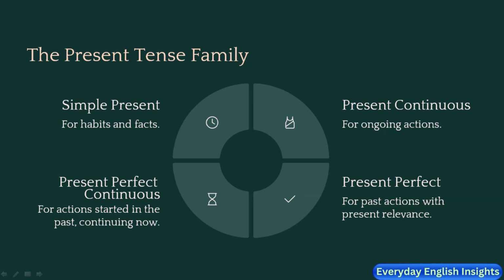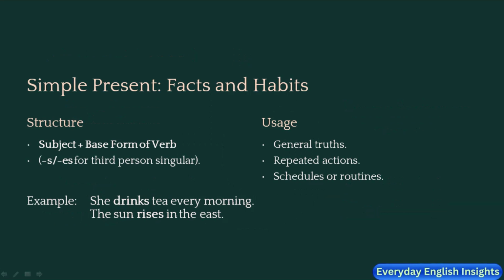We have the simple present, used for habits and facts, the present continuous, for ongoing actions, the present perfect, which links the past to the present, and the present perfect continuous, for actions that started in the past and are still continuing. Let's break each one down together.